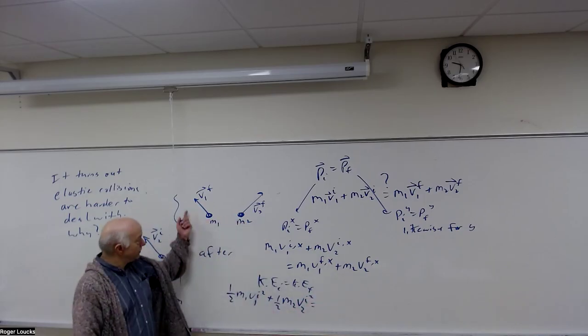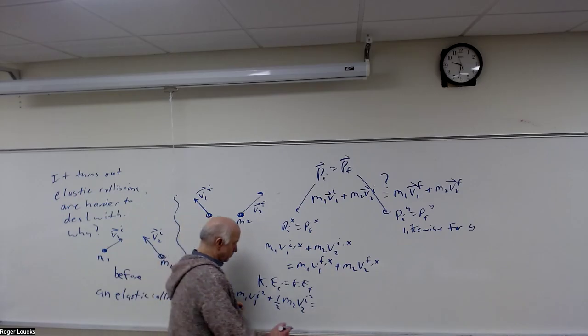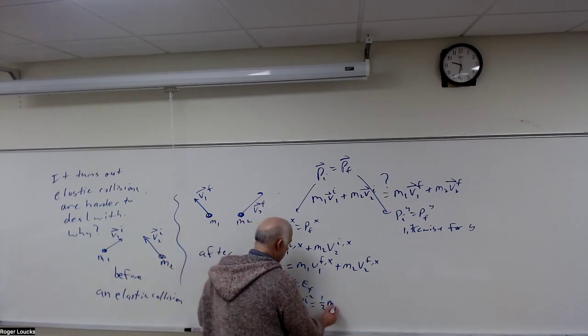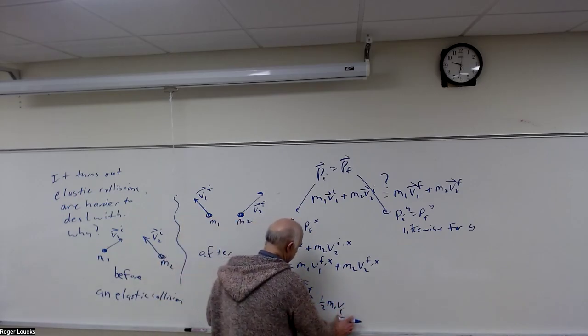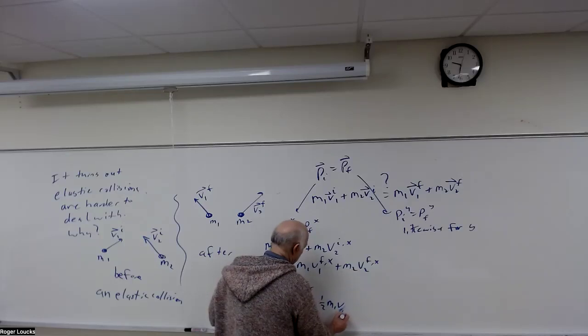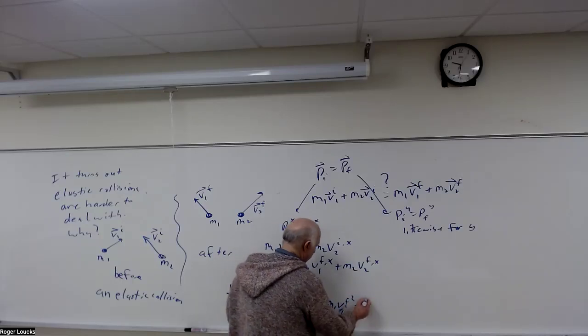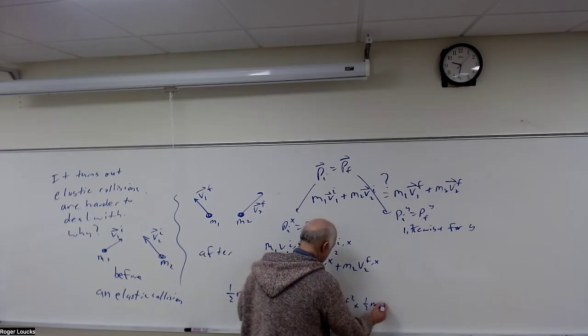And that would have to equal what? This kinetic energy: 1/2 m1 v1 final squared plus 1/2 m2 v2 final squared.